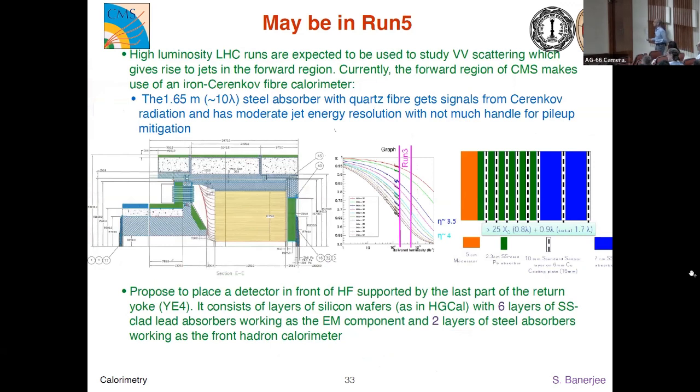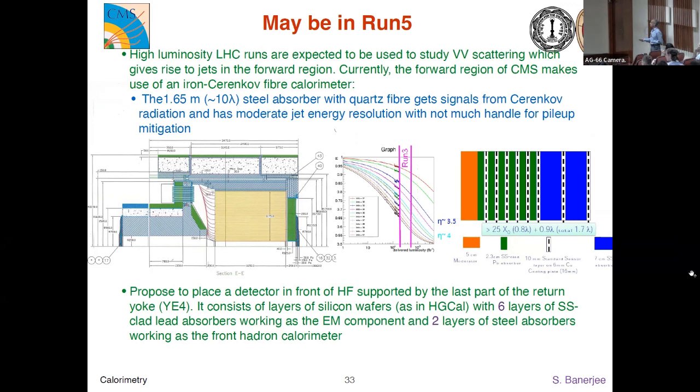Now let me go to something which is still debatable. That means, are we good in the very forward direction or not? In the very forward direction we have a quartz calorimeter, but even in the quartz calorimeter, in run 3, you see a substantial decrease of the light collection as a function of eta.